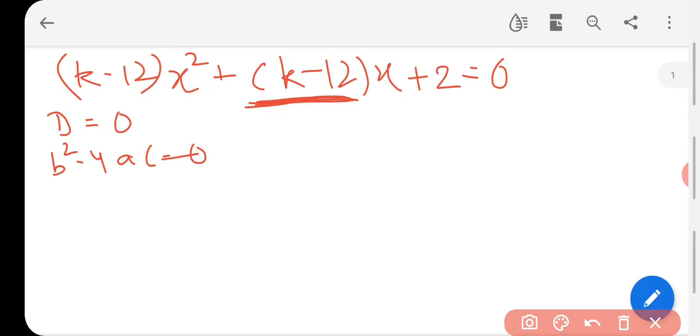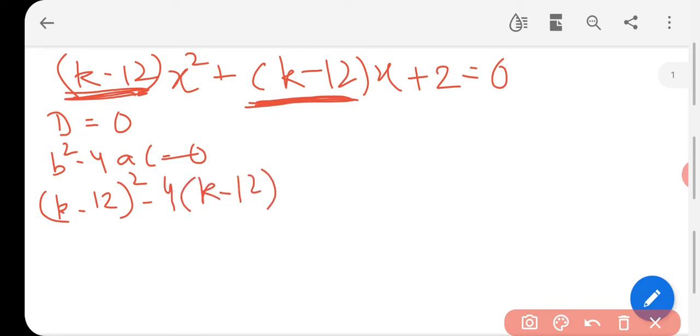So instead of writing b, we put (k minus 12) whole square. Why whole square? Because b square, the value of b is k minus 12, whose square we need to find. Now minus 4, a is what? The coefficient of x square, which is k minus 12. And c is the constant term, which is 2, so multiplied by 2, equal to 0.